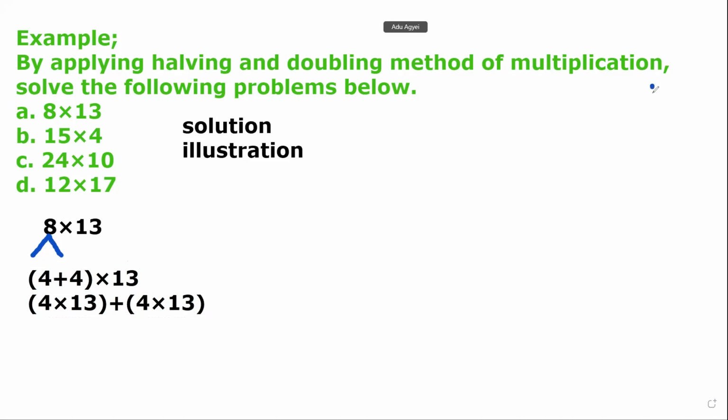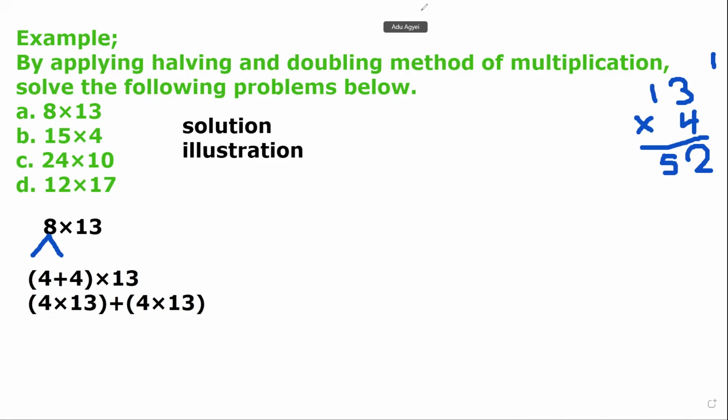So we have the 13 here, times 4. So 4 times 3 will give you 12. Then you write the 2 here. Remember 1. 4 times 1 will give you 4, plus the 1 we carried, we get 52.